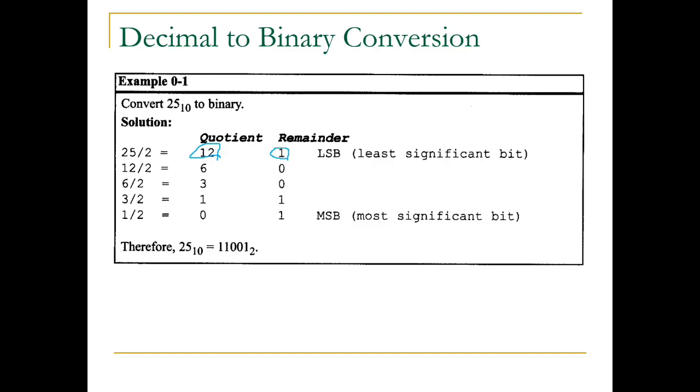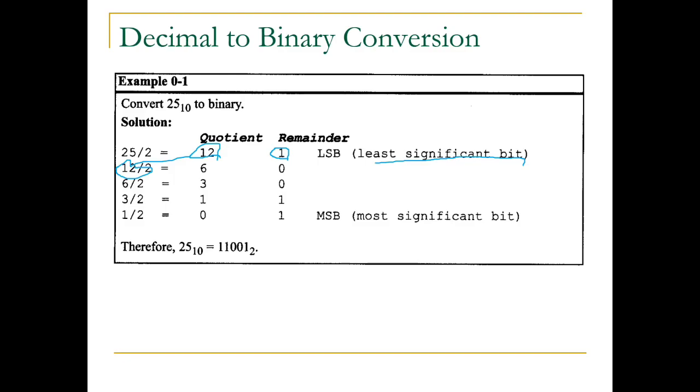The very first remainder we will call the LSB, or least significant bit. After that, the first quotient is divided by 2 again. So when the first quotient is divided by 2, we obtain the second quotient and the second remainder, and then we divide the 6 by 2 and obtain the third quotient and the third remainder.